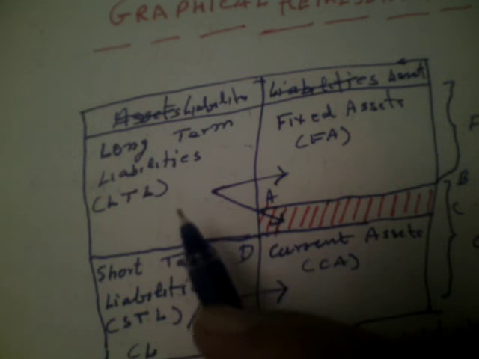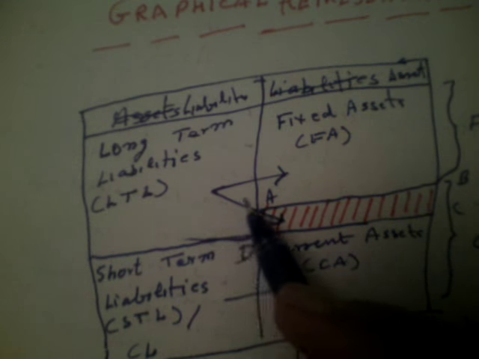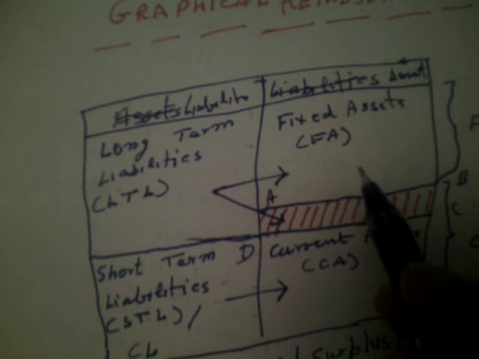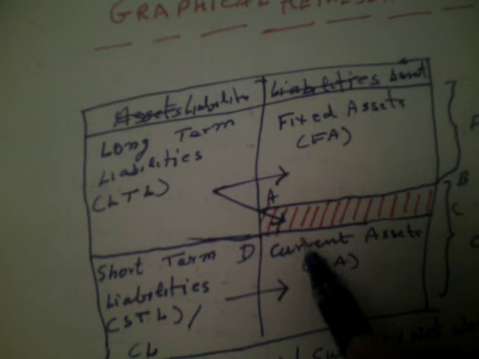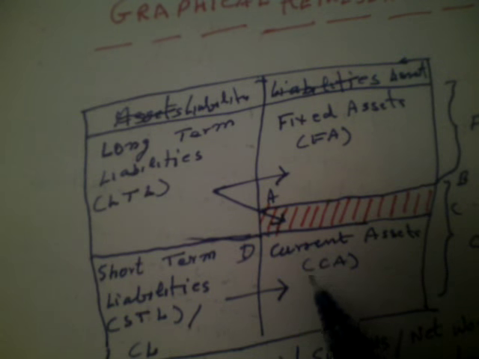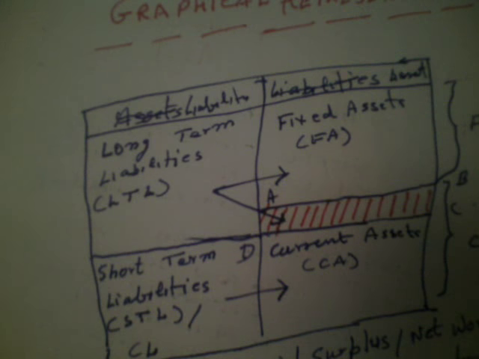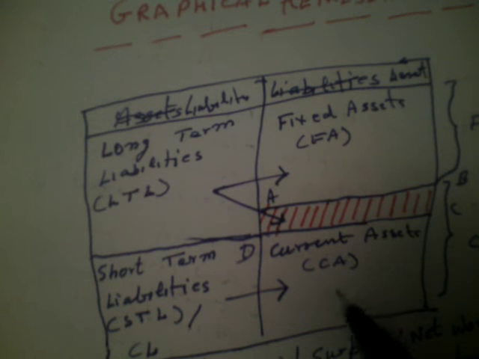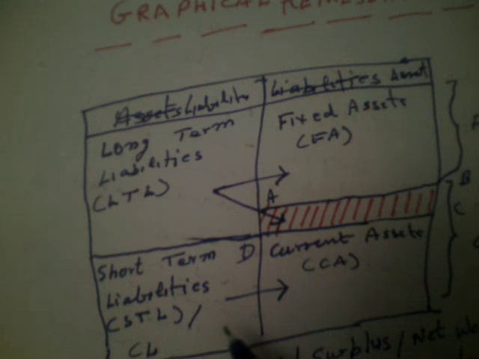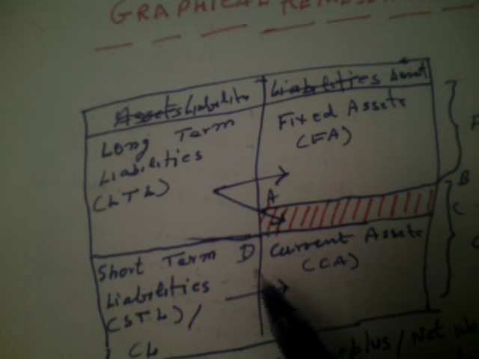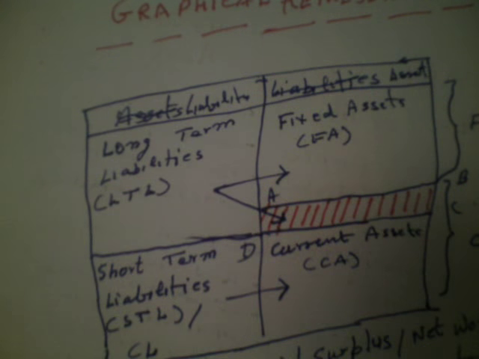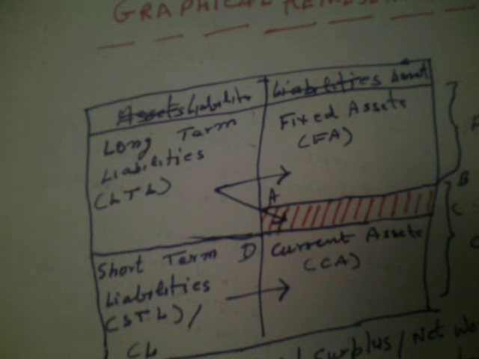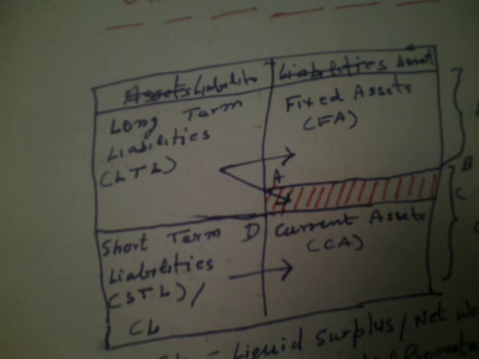So long-term sources will go towards meeting the fixed assets, and a small portion will go to meet the current assets. And the short-term liabilities will completely go to meet the current assets. If this is the way funds are flowing in any particular balance sheet of the company, then it is acceptable as per financial discipline.